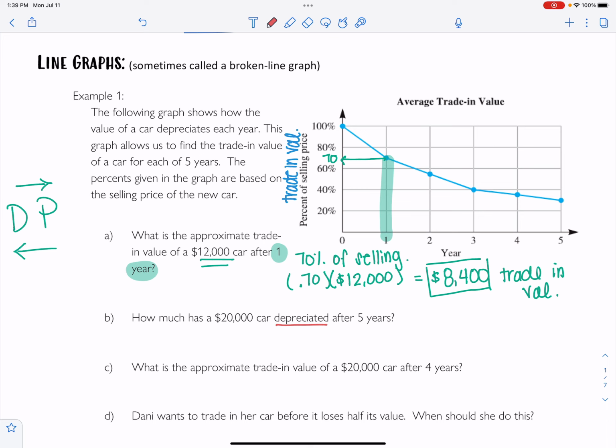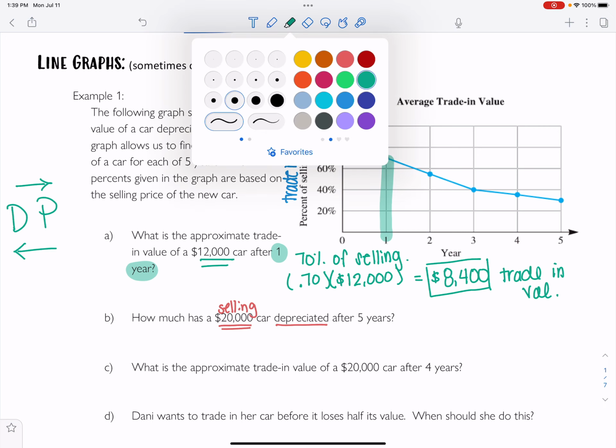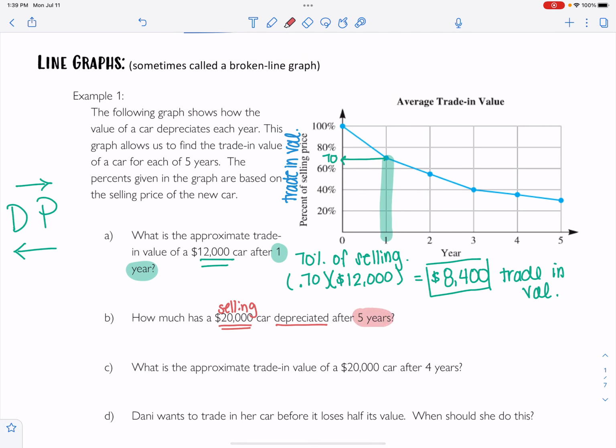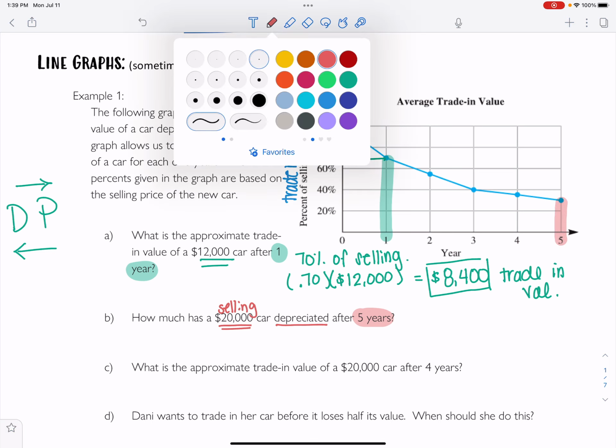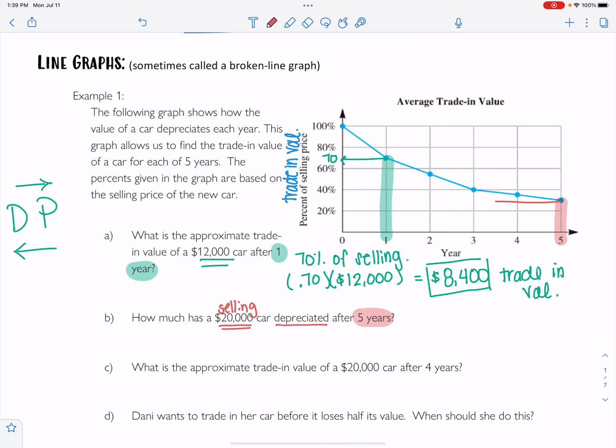So the first thing is I've got a $20,000 car. That's going to be my selling price. And then I'm selling it after 5 years. So I need to go to my graph where it says 5 years, follow that up, and do your best to follow it over in a straight line.